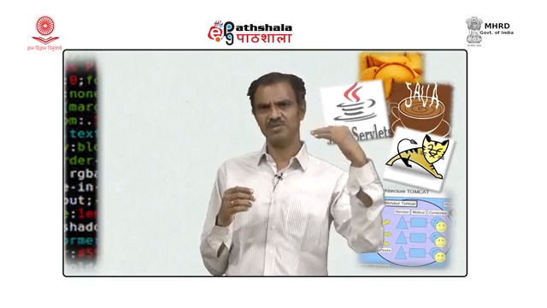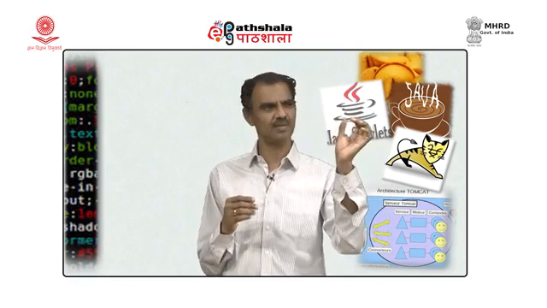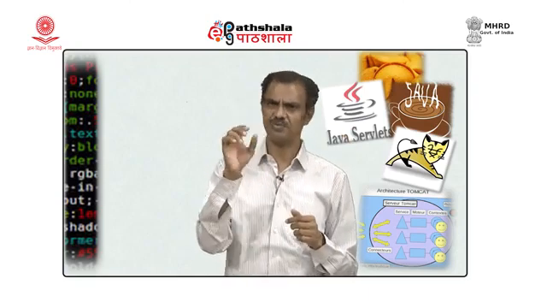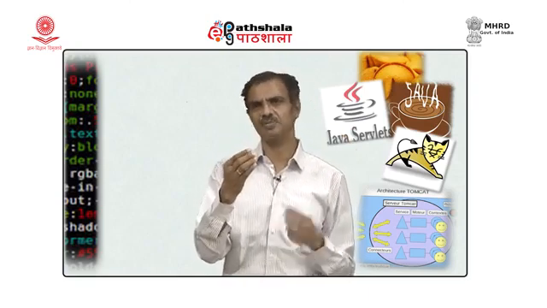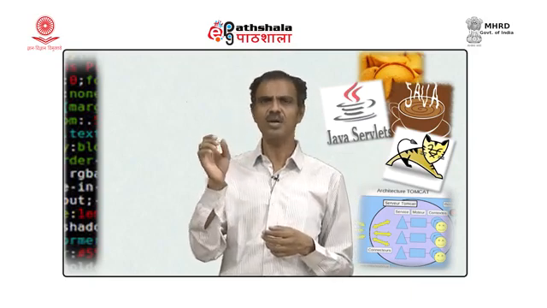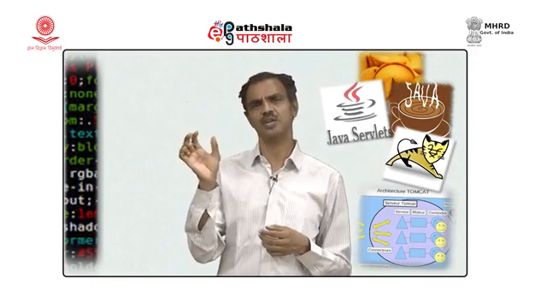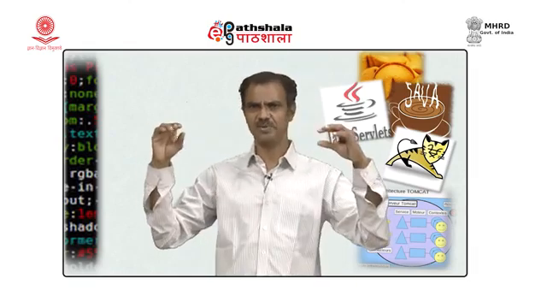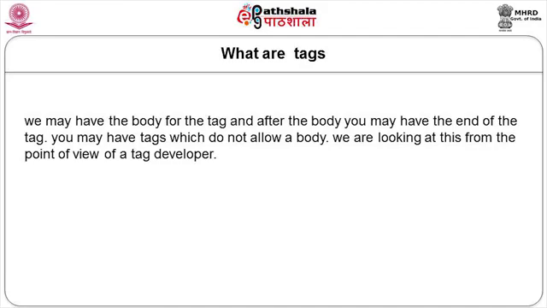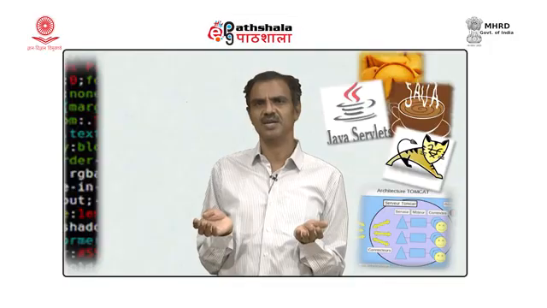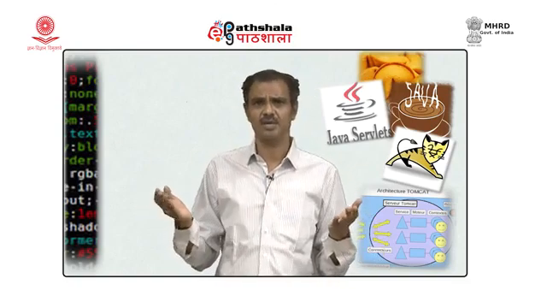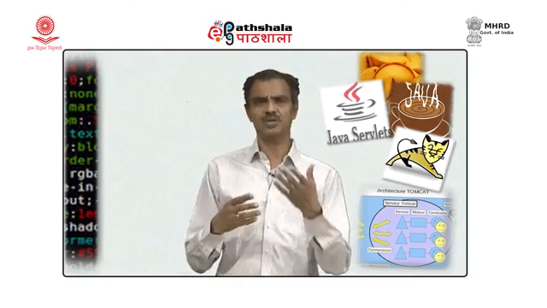Whenever we use a tag, we will say tag prefix, colon, tag name, then we might use an attribute, whatever attribute is allowed for this tag, equal to, and then we give a value for the attribute which may be in single quotes or double quotes. Then we may have a body for the tag, and after the body you have the end of the tag. And of course, you may have tags which do not allow a body.